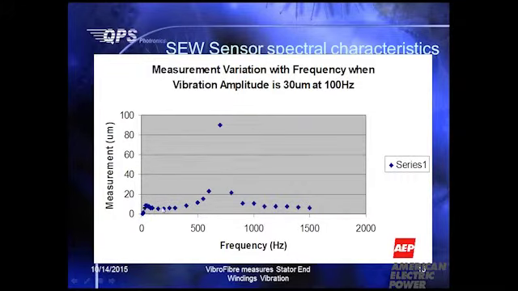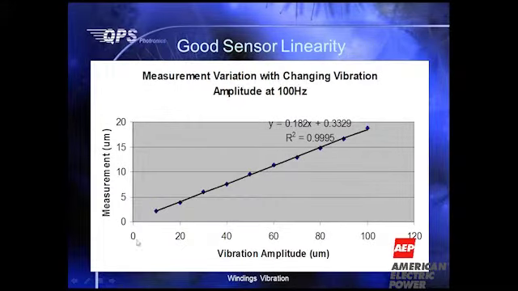So when we scan across the various frequencies, we can clearly see there is only one resonance at 700 hertz. By keeping the frequency at 100 hertz, and then changing the amplitude of the shaker, we now can measure the linearity of the vibration sensor, and you notice that it is 99.95. Okay.